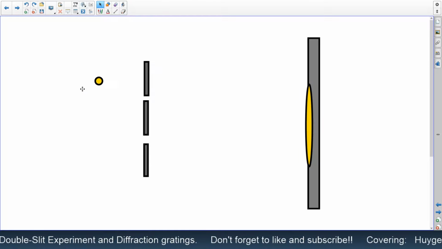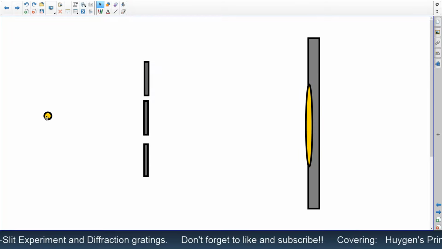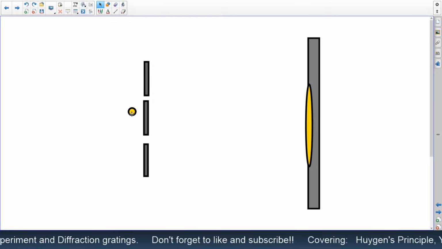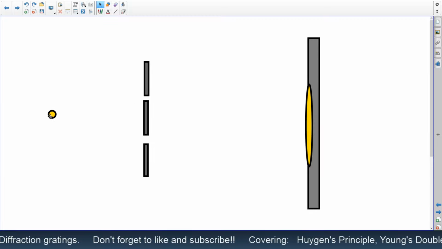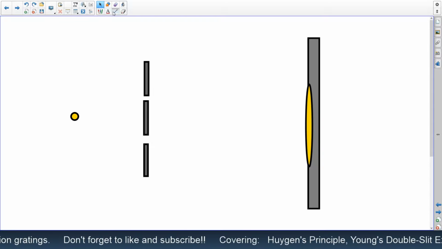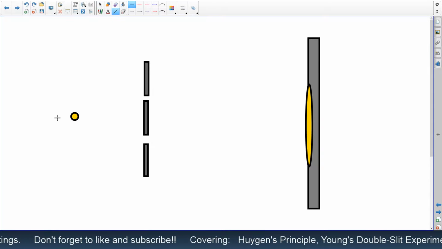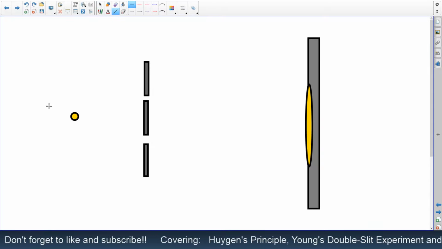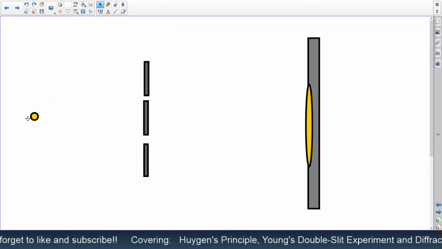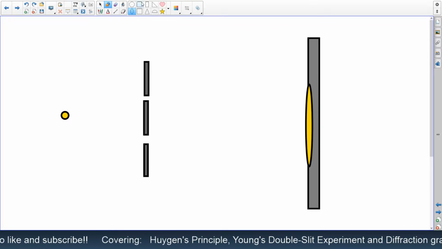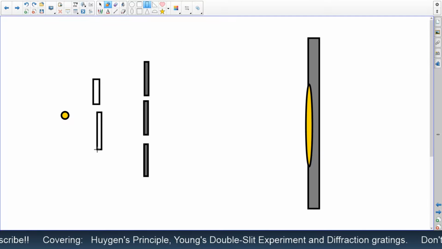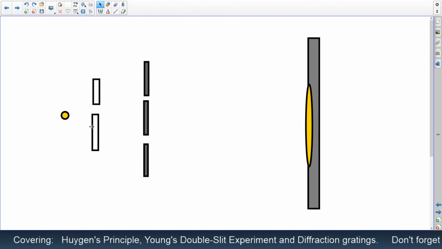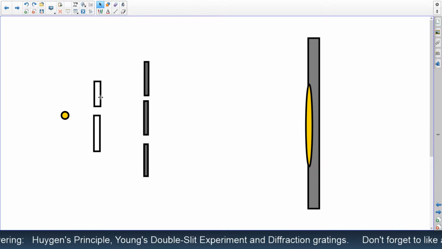And he shone monochromatic, coherent light. That's light of the same frequency, the same wavelength, and the same phase at this. Now, how he achieved that was he had a bulb here that was producing monochromatic light, and then he put that through a single slit, so that the light would then be diffracted out into both slits.